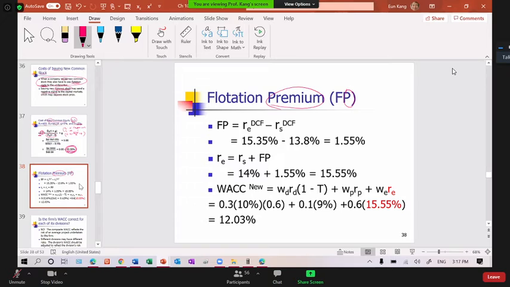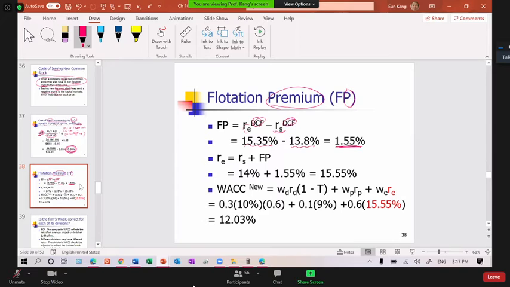Flotation premium is the difference between RE and RS based on DCF, because with other methods you cannot incorporate flotation cost. DCF is the only way to incorporate flotation cost. So when you use flotation cost, it's 15.35, and when you use retained earnings, it's 13.8. Then 1.55% is the flotation premium.